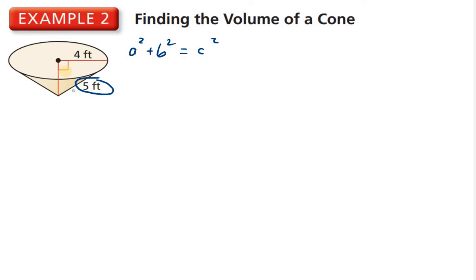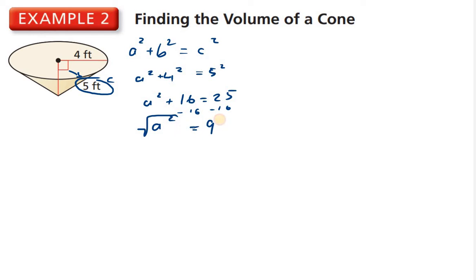Now, very important, c is the longest side opposite the right angle. So this side is c, so we'll put the 5 here, 5 squared, and then a squared plus 4 squared, that gives us a squared plus 16 is 25, and so a squared, subtract 16 from each side, a squared is equal to 9, find the square root, and a is 3. So the height here is 3.